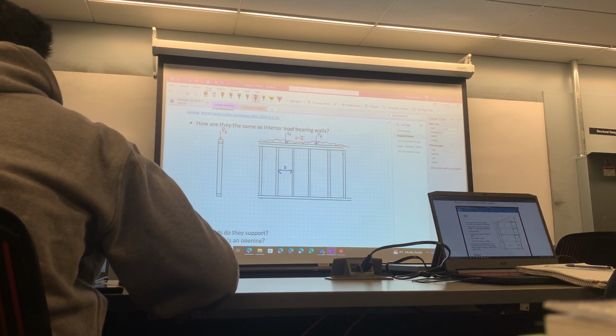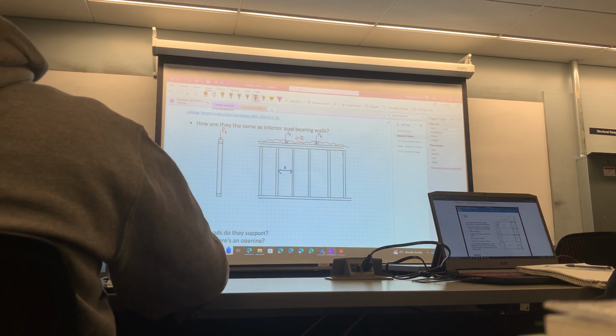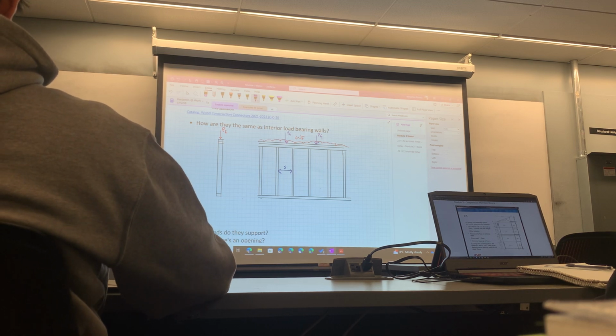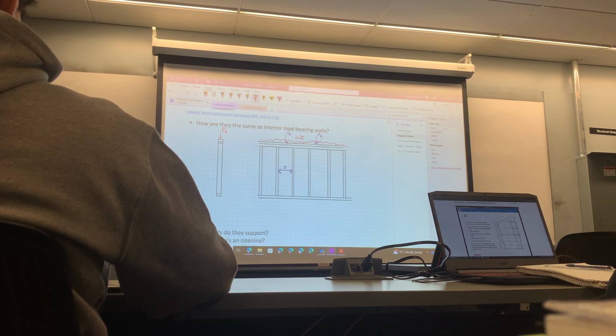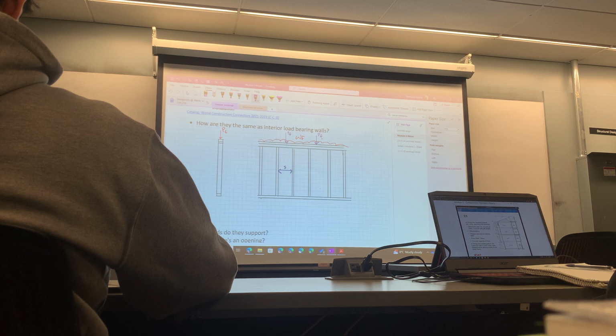So now where we're going is we're going to see what the difference is. We're going to talk about exterior walls. If you look at the exterior walls, what we're really adding is a layer of sheathing.